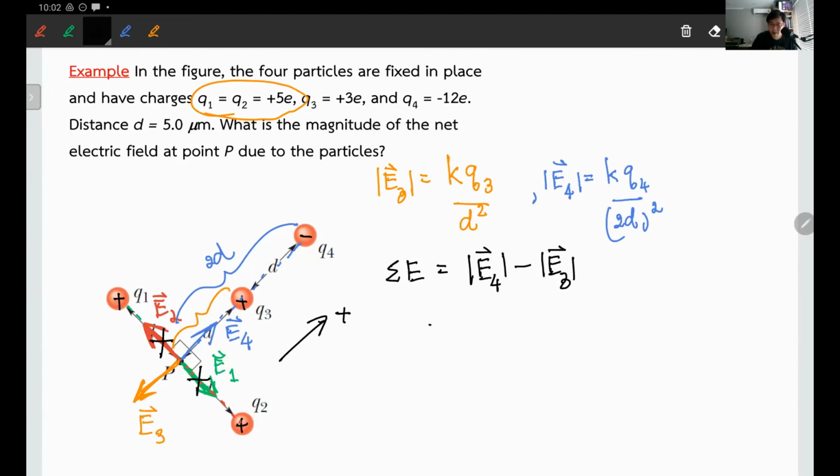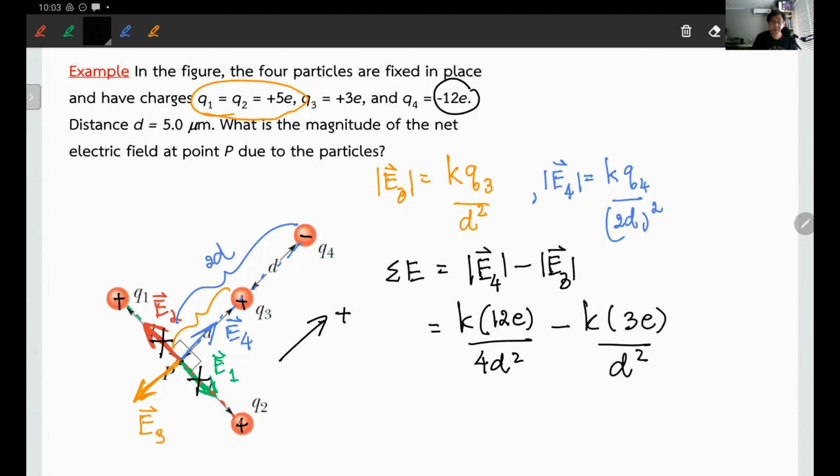All right, and now K is there. Q4 is 12E. See, I don't need to take the negative sign into this anymore. Over 4D squared. And then I subtract K, Q3, which is 3E, over D squared. Okay, and this is a good thing about not doing the numerical calculation right away, because you can notice this.